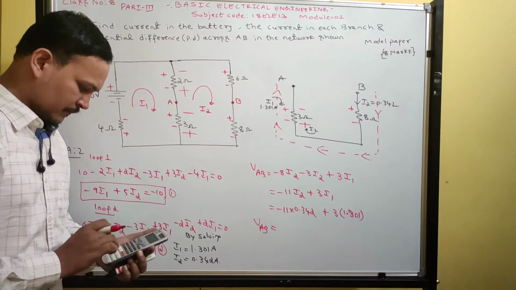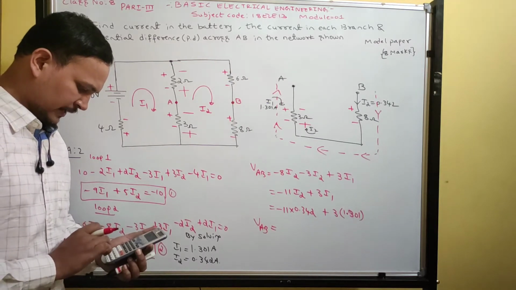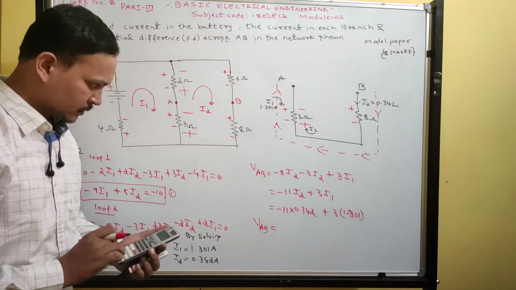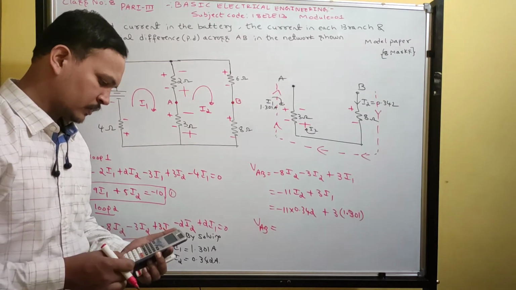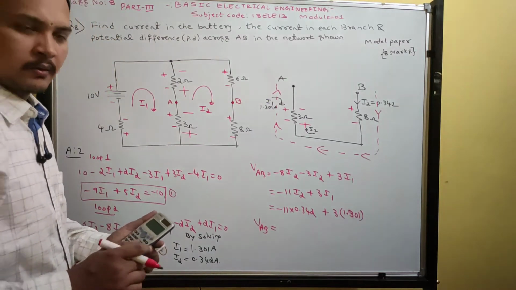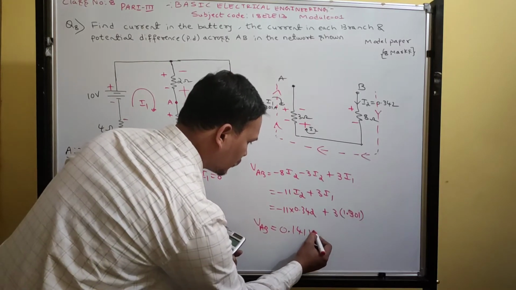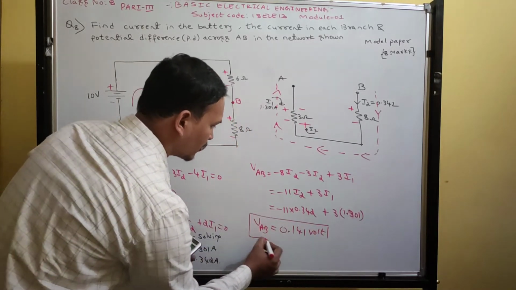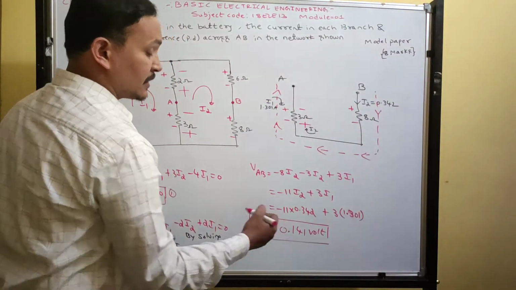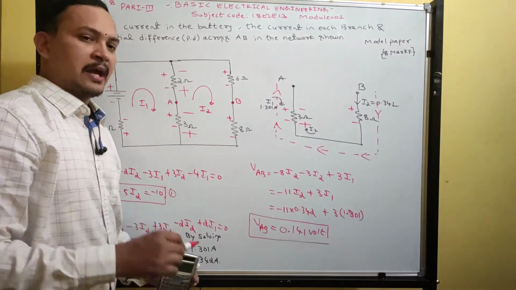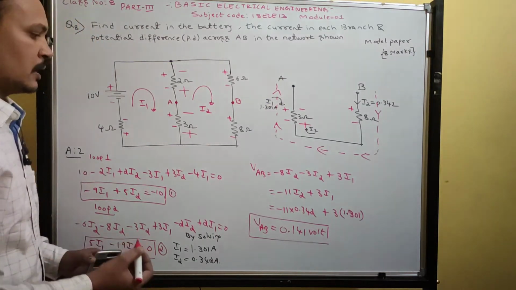Minus 11 into 0.342, plus 3 into 1.301. We got the answer 0.141 volts. There will be slight changes. What was the answer we got previously? Almost near to 0.14, that we rounded to 0.14. Okay, got it? Understood, guys?